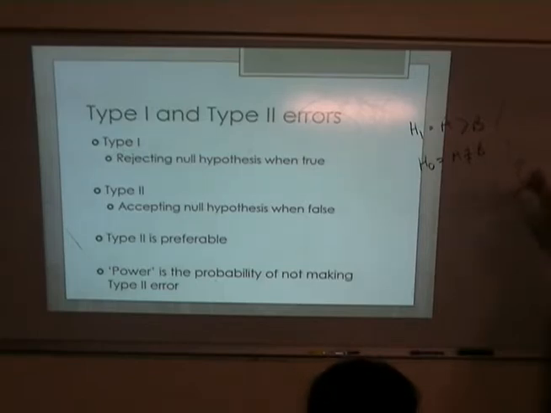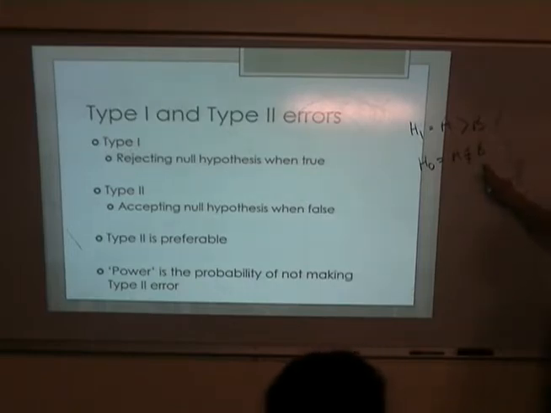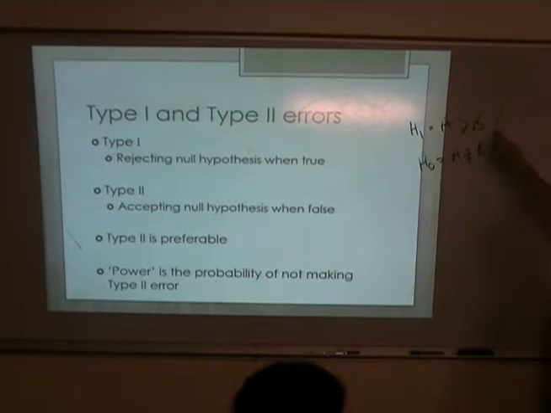So if we go back to the drug idea, we say, oh, the drug won't kill anybody, but my null hypothesis was true, my drug will kill somebody. That's a pretty big error to make. A type 2 error is the other way around.